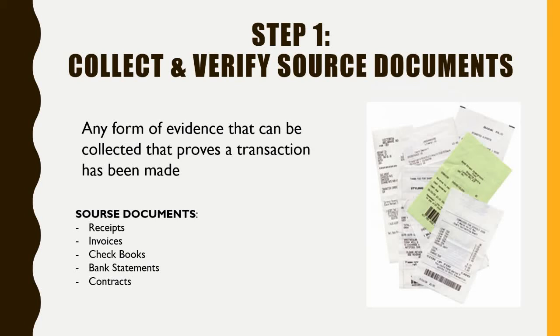That entails any receipts, any invoices, any bills, any form of document that you can provide. Usually that's going to be your best form of a source document. For instance, if you do your bank transactions online, you can also print your bank statement. Your bank statement is considered a source document.